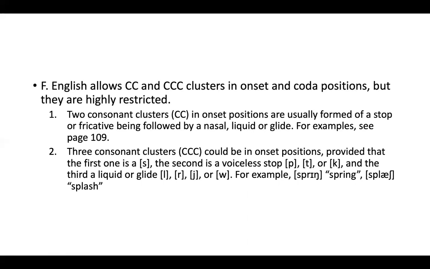For example, in the word spring, you have s, p, and r to start the onset as a 3 consonant cluster, and in splash, you have the s, p, l sounds as the 3 consonant cluster. And so it's possible, but it's highly restricted.